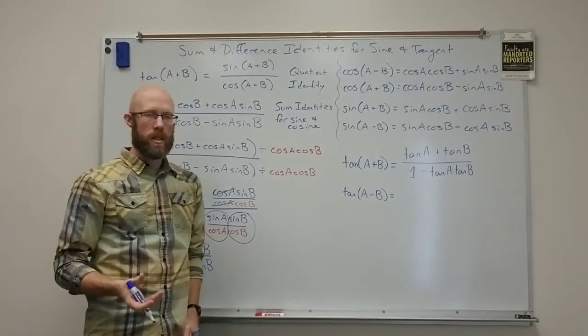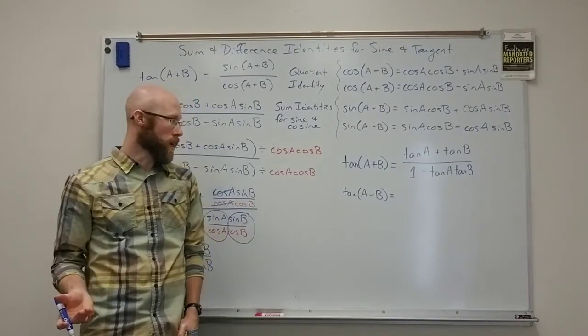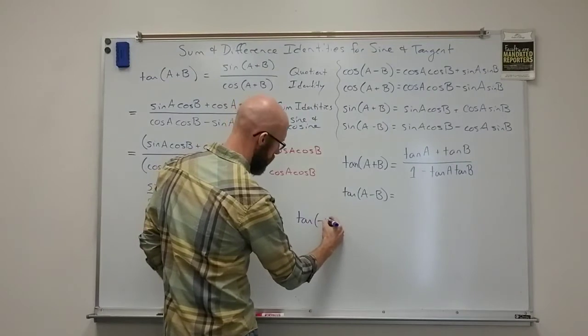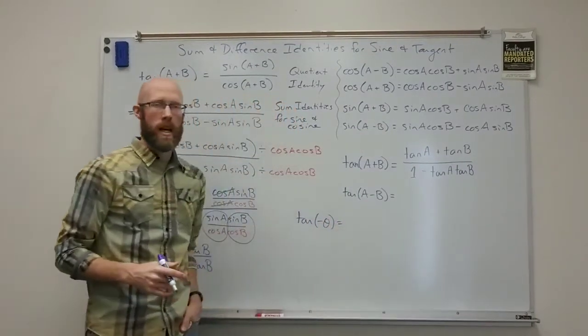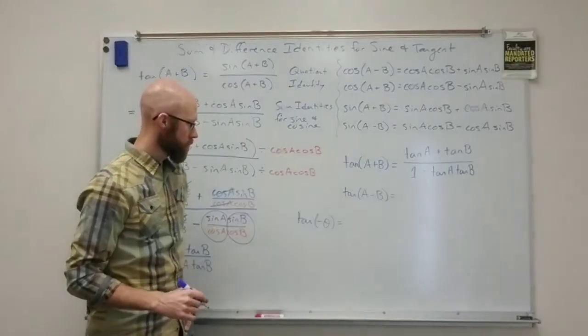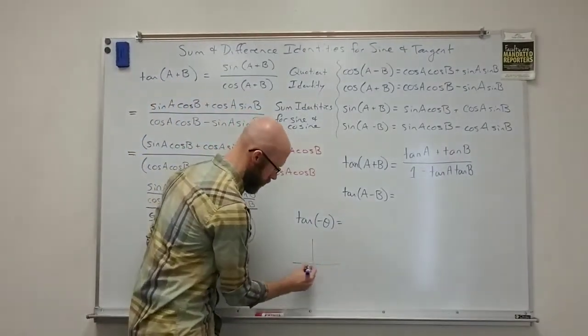Particularly, we know that the tangent of a negative angle, tangent of negative theta, well, the tangent is an odd function. We can see that from the graph of a tangent.